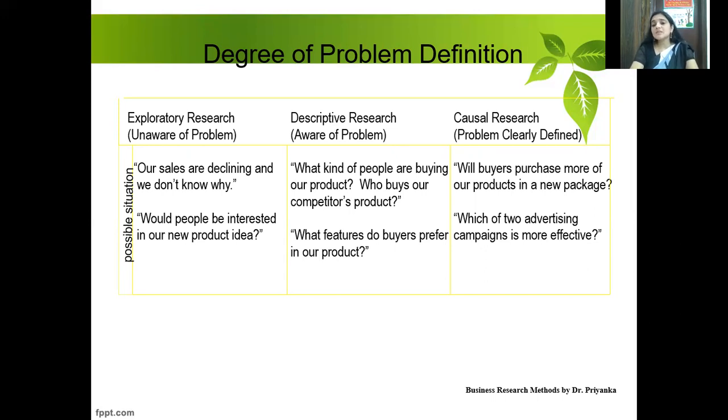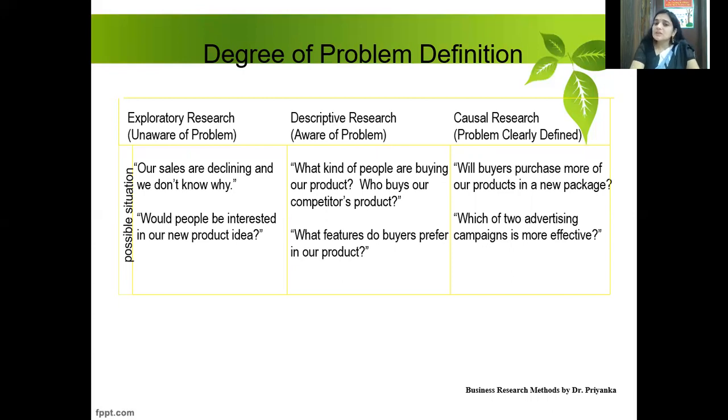Or, will buyers purchase more of our products in a new package? For example, you have discovered in descriptive research that this is because of the package. People don't trust the package anymore, or maybe it is very boring, or maybe competitors are providing a much better package. So you can check whether the new package is liked by people or not.